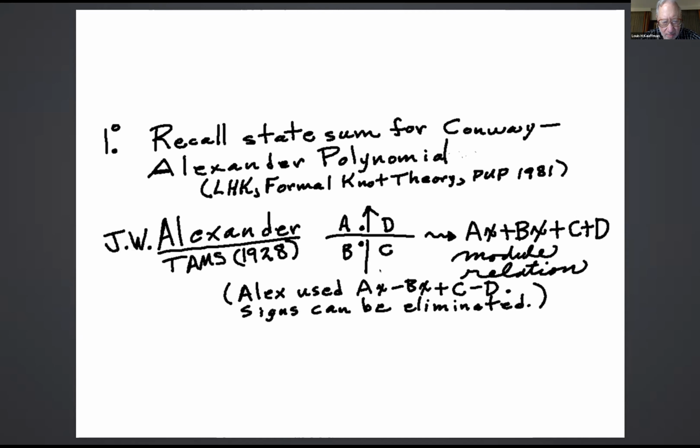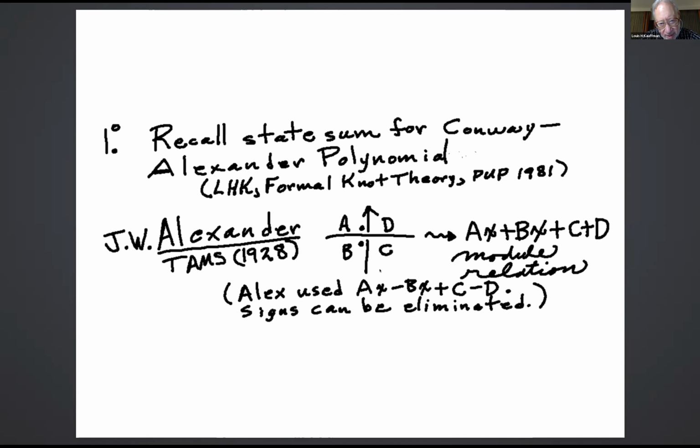Alexander writes down a module relation for each crossing in the diagram, where the module is generated by the regions in the diagram. And the module relation is obtained by a particular way of marking the crossing. You put two dots to the left of the undercrossing line, and then you write down a relation.